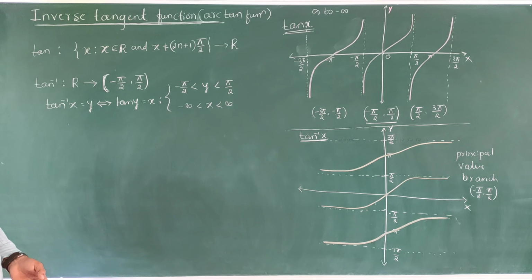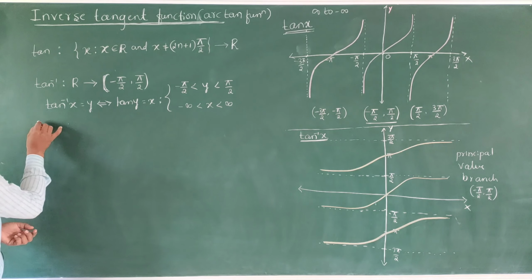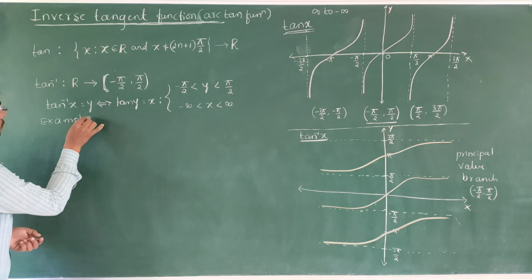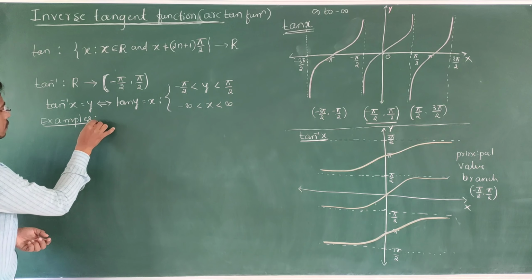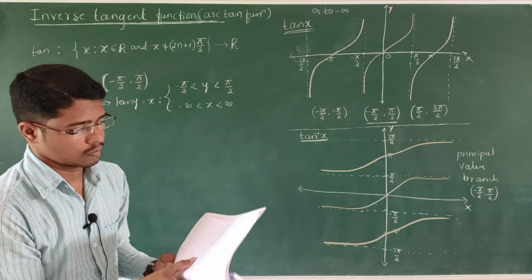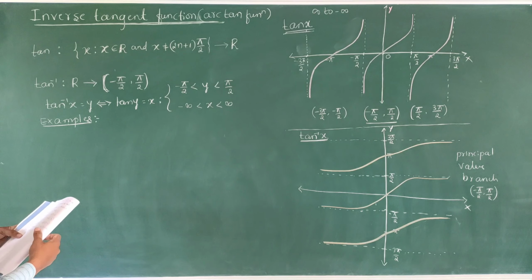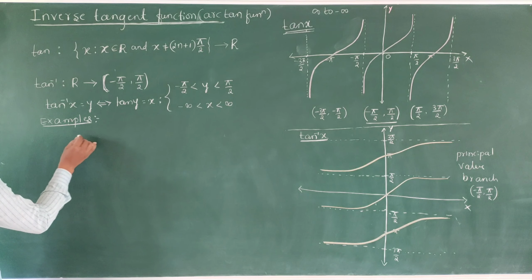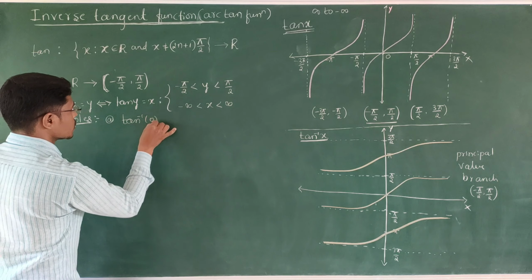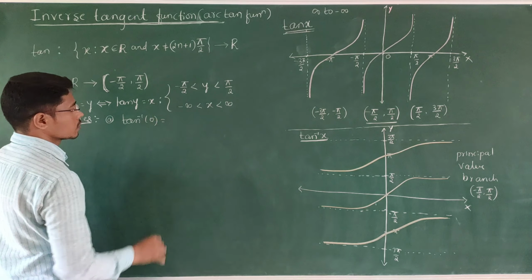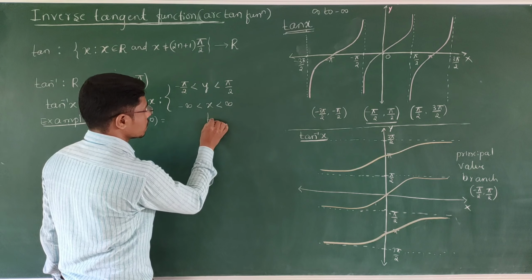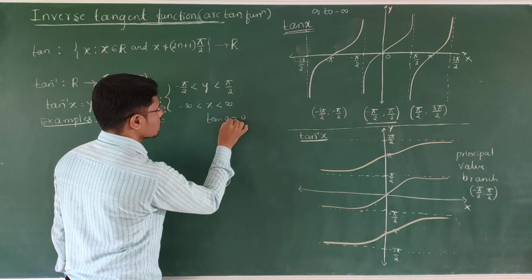Now let us see the problems, examples. First one, tan inverse of 0. When the angle is 0, tan 0 is equal to 0.